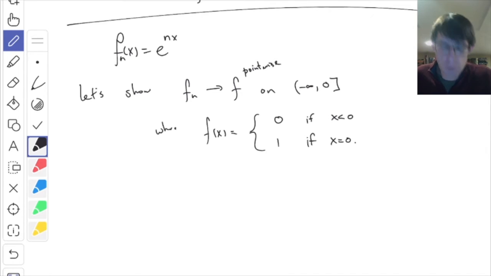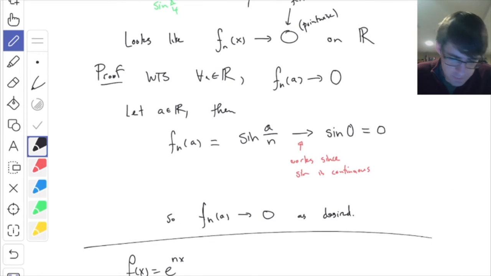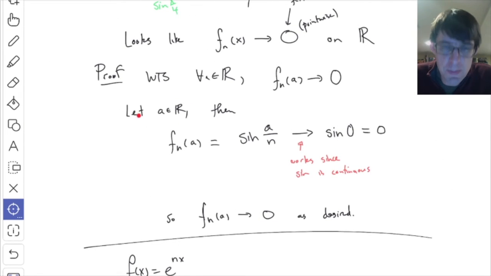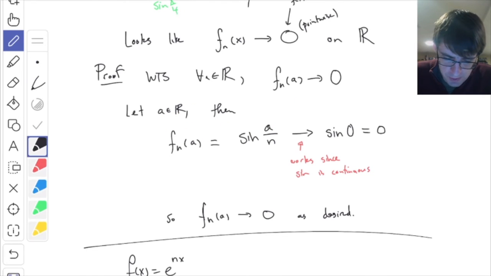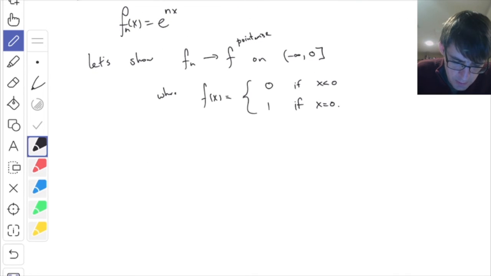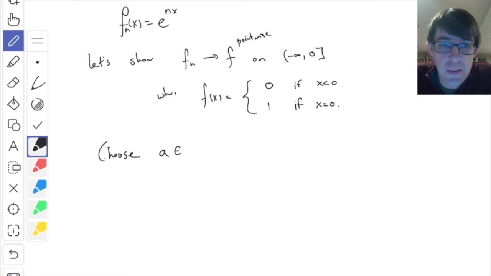Okay, let's do it. Just like before, you have to choose some particular point in the domain, and then you do some simple business. So I'm going to say choose any A in the set that I'm talking about here, not all of R, but the interval minus infinity to 0.